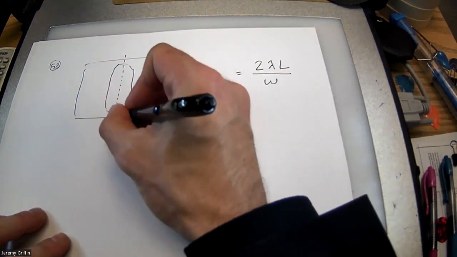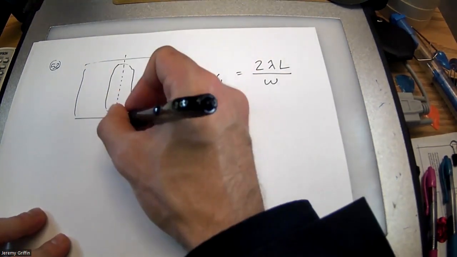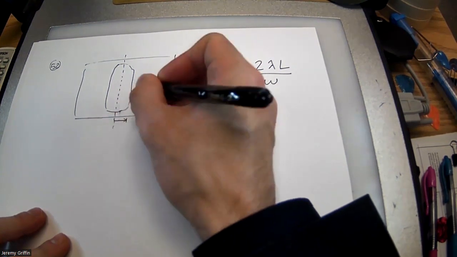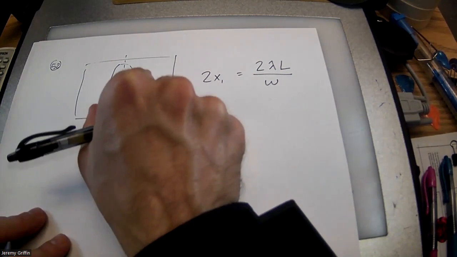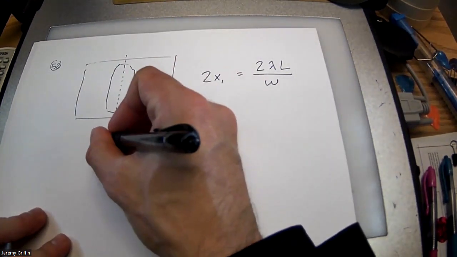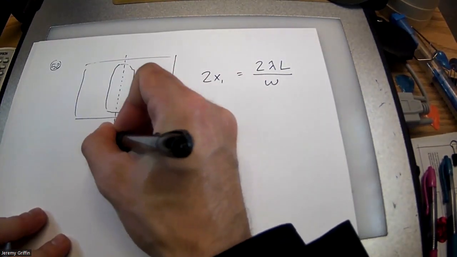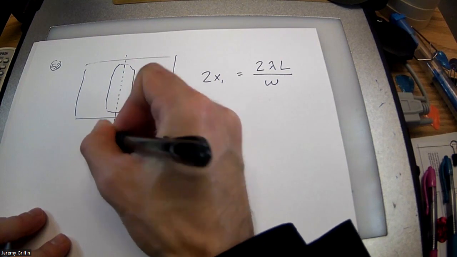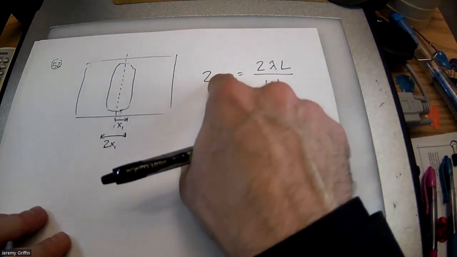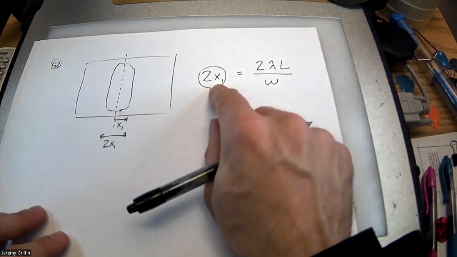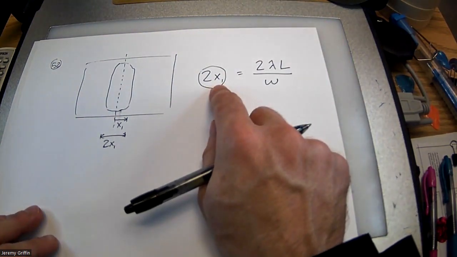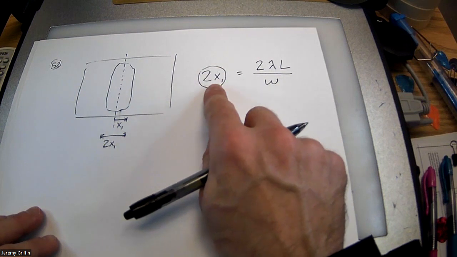Because from the central dash line to the edge of this band, that's called x. So the full width of this thing would be 2 times x, wouldn't it? That's 2x1, and that's actually a single number they gave us. They gave us that whole number: 1.2 centimeters.